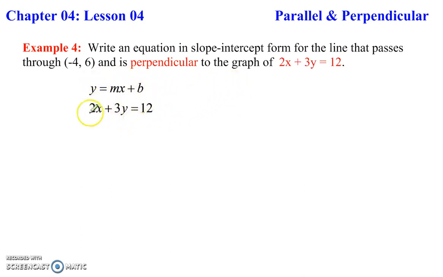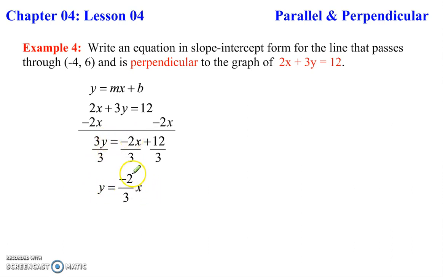If I take standard form, 2x plus 3y equals 12, and solve it for y, then I get slope-intercept form. So here we have 3y, so we need to divide by 3 to get the y by itself. And we get y is equal to negative 2 over 3x plus 4. So the slope is negative 2 over 3.